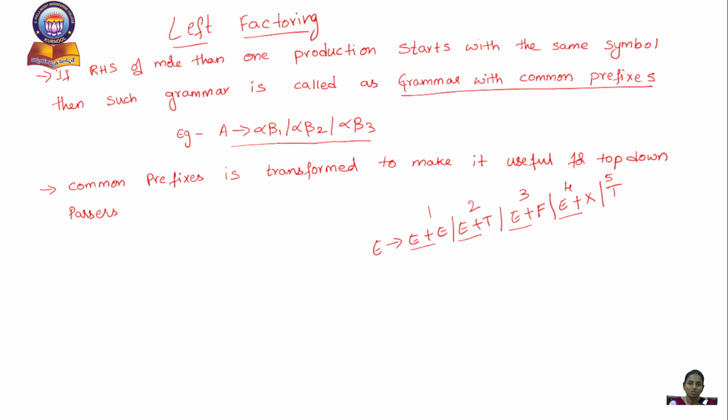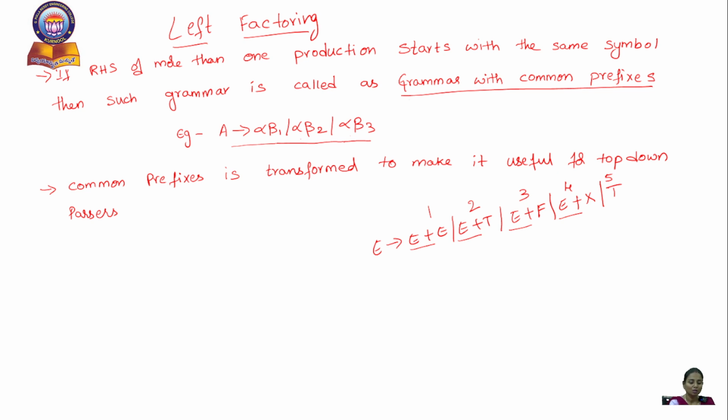Such a grammar is not suitable for applying any method or technique of top-down approaches, so we have to implement the left factoring. By implementing the left factoring, we can identify the common prefixes, and these common prefixes are transformed into other productions to make this grammar useful for the construction of the parse tree.